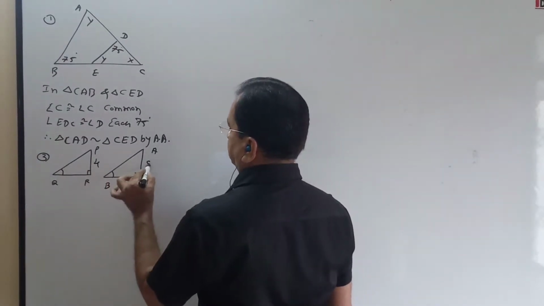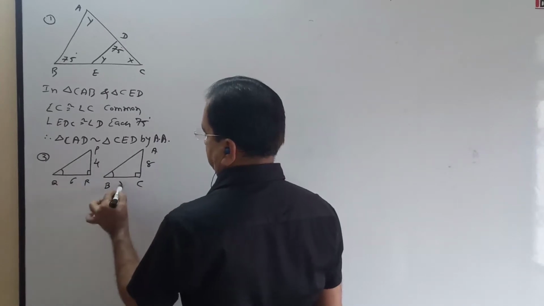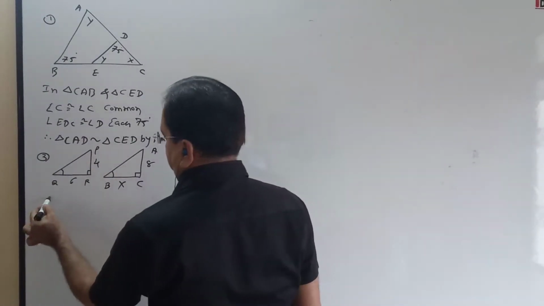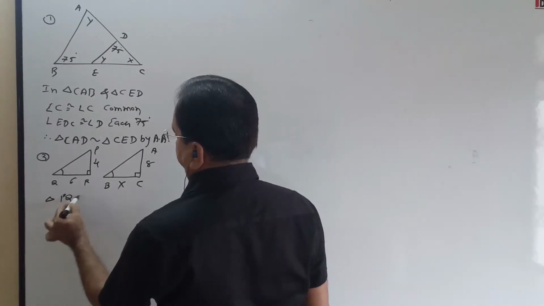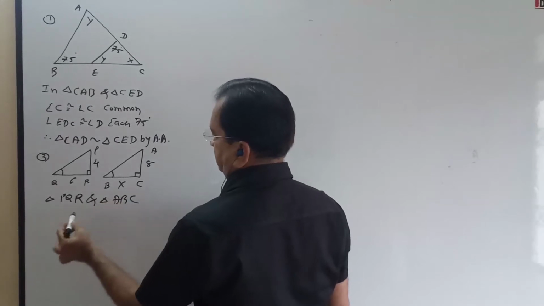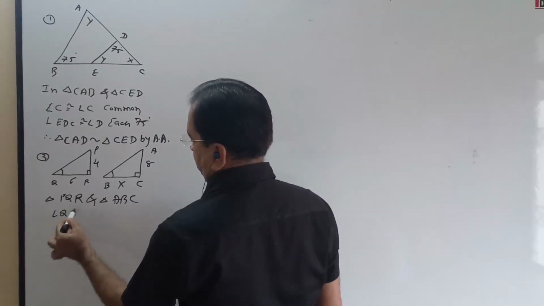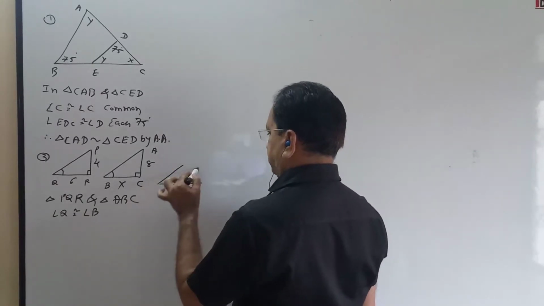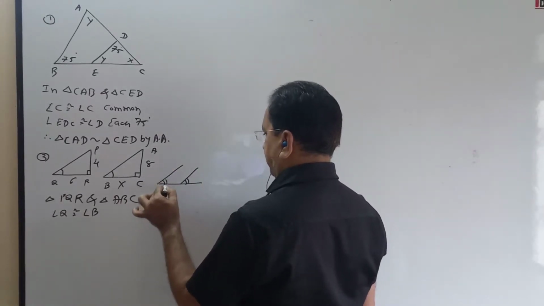This is 4, this is 8, this is 6, this is X. Now in these two triangles, triangle PQR and triangle ABC, angle Q is congruent to angle B. On the horizontal, these are parallel rays of light.